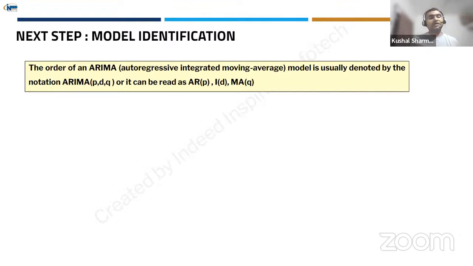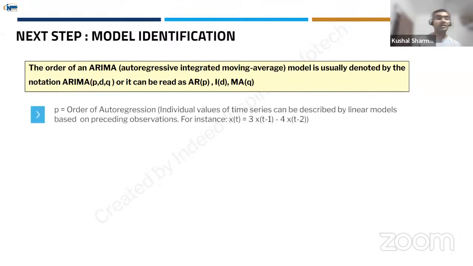So we have AR as p, I as d, and moving averages as q. That is how it will better help us understand. P is the order of auto-regression: individual values of the time series that can be described by linear models based on preceding observations.